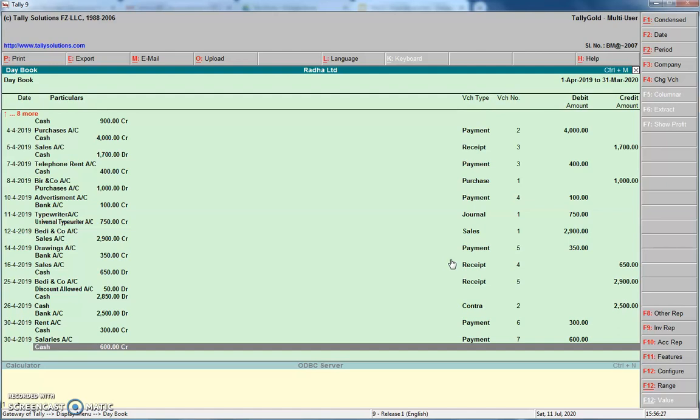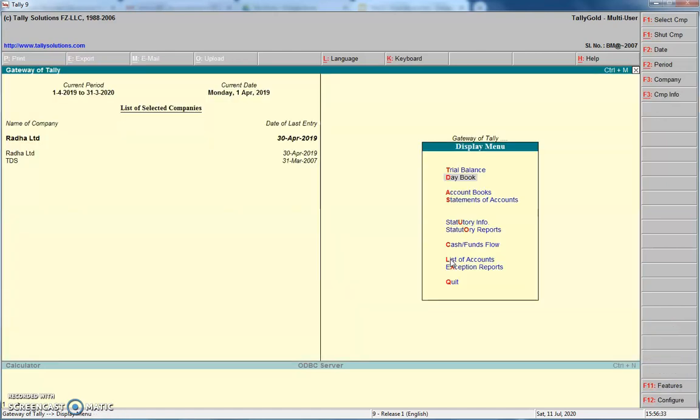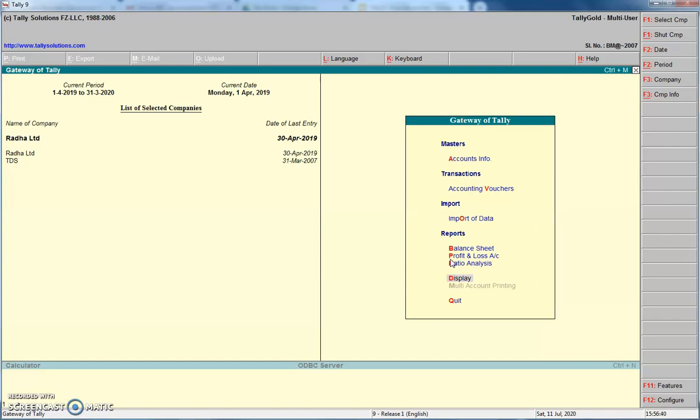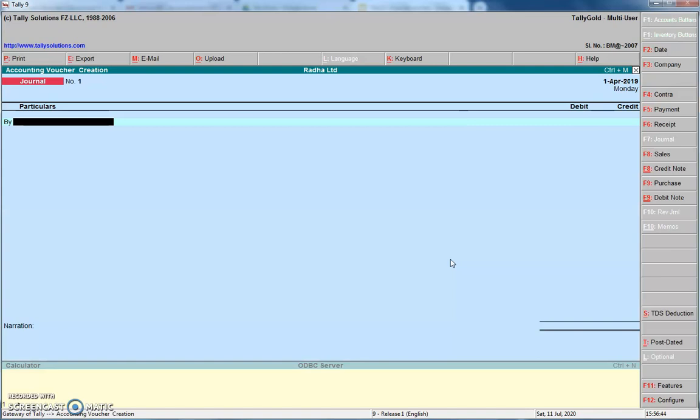Now let us see how to enter the last transaction. Paid cash rupees 950 to Beer and Co in full settlement of his account. So we have to go to the accounting voucher. This voucher comes under the payment item, so we have to select the payment voucher.